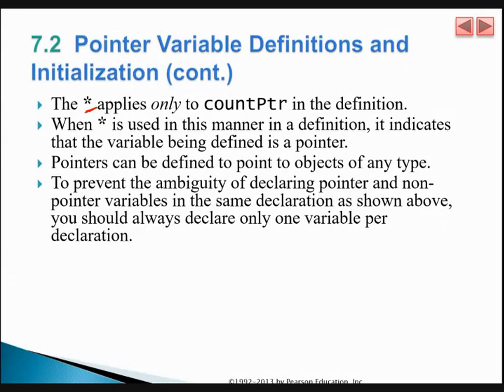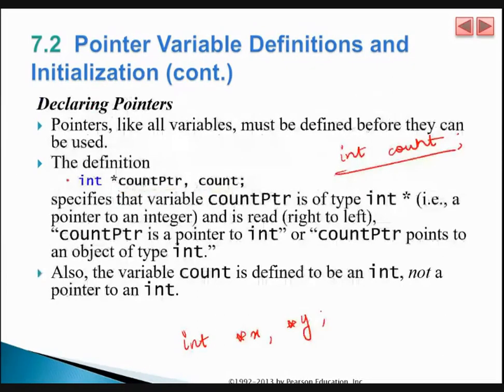So to prevent the ambiguity, we can declare pointer and non-pointer variables separately. But once you are very comfortable with programming, you can write it in this way also. There is no problem in this. You can define all the integer type variables in one line. Some of the variables could be pointer variables, just put an asterisk before that, and some of the variables are normal variables.